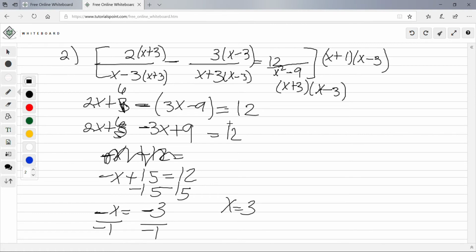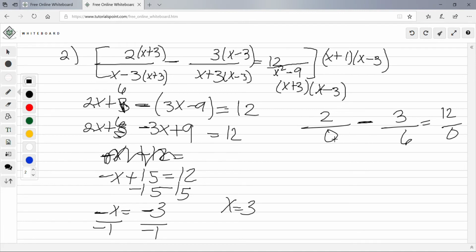So 2 divided by, okay, 3 minus 3 is 0, minus 3 divided by 3 plus 3 is 6, equals 12 over 3 squared minus 9, which is 0.